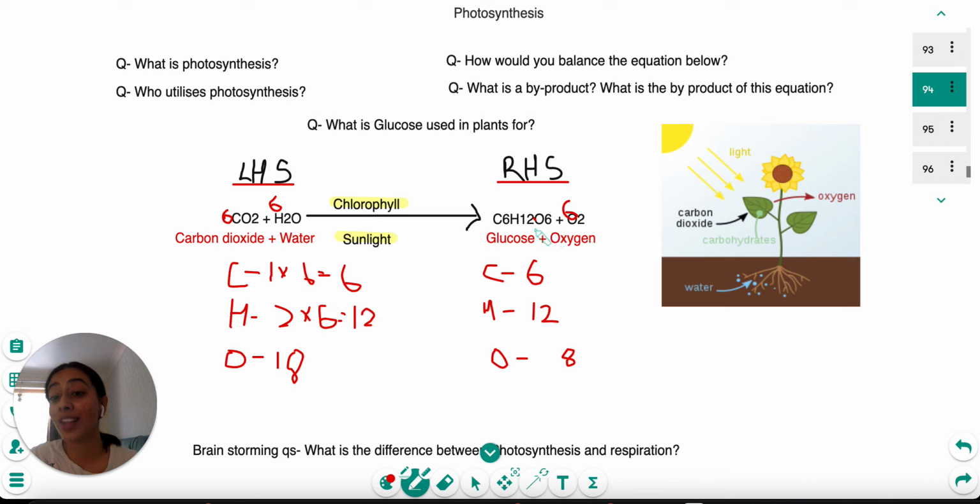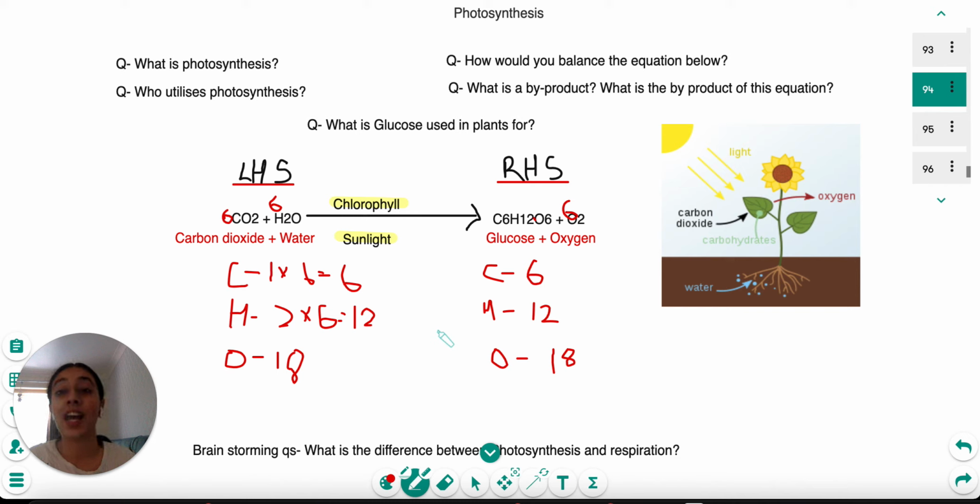And then 12 add 6 is what? 18. Perfect. So, now everything is balanced. So remember, whenever you write the equation, make sure you check and double check that the equation is balanced correctly. So now if you count the number of carbons, hydrogens, and oxygens, they're the same on both the sides. Right, any questions so far?